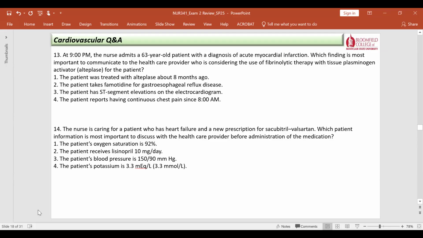And number 14: The nurse is caring for a patient who has heart failure and a new prescription of sacubitril valsartan. Which patient information is most important to discuss with the healthcare provider before administration of the medication?